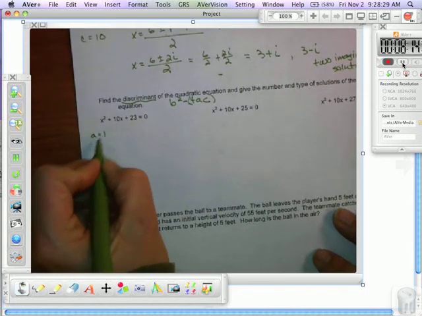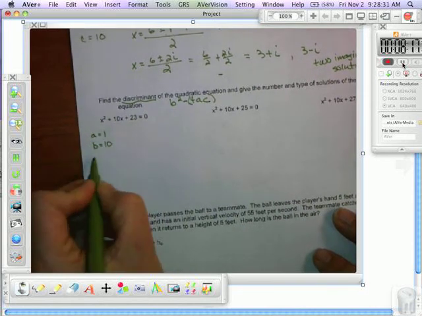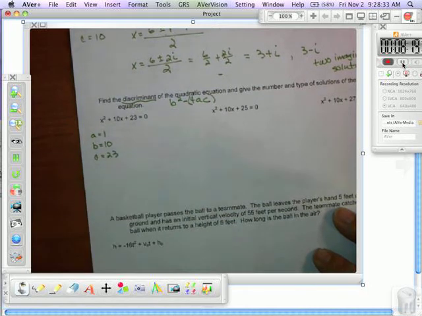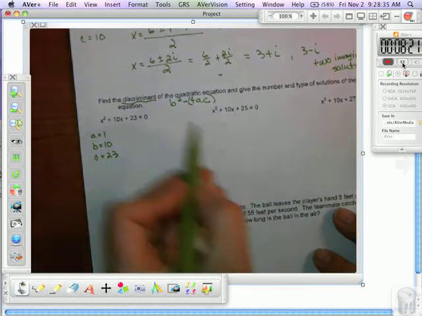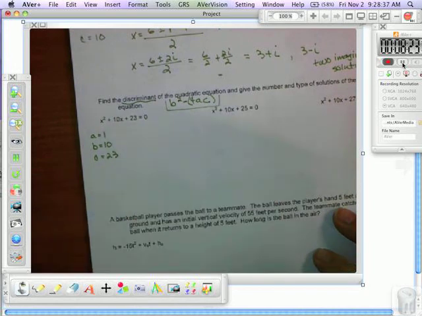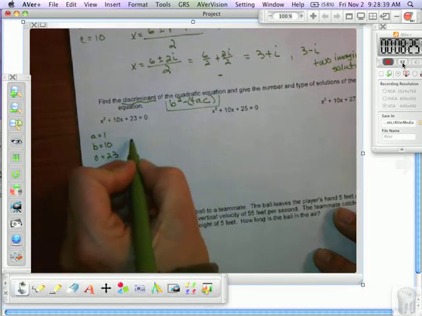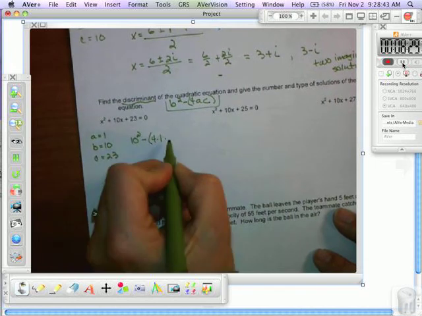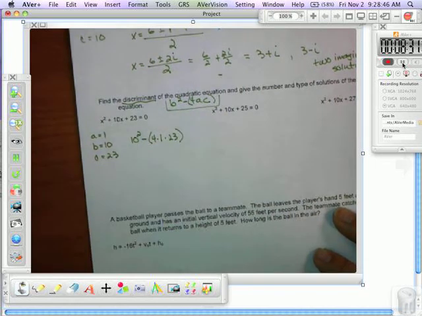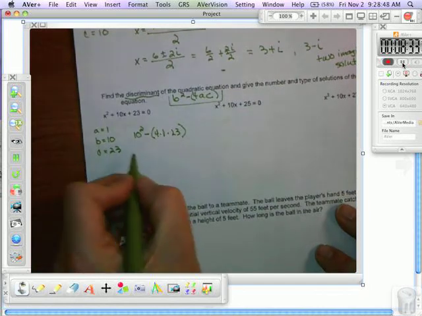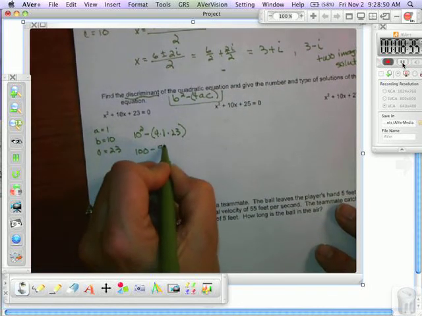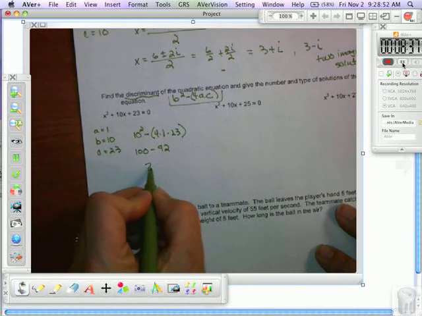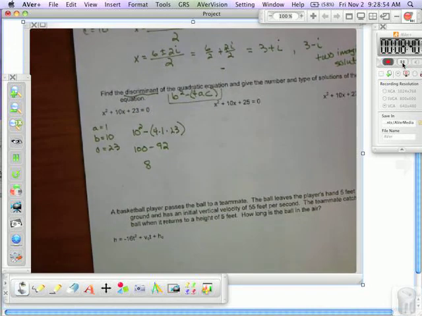So a is 1 for this one, b is 10, and c is 23. I'm going to just plug it into this part: 10 squared minus 4 times 1 times 23. I get 100 minus 92, and I get a positive solution.